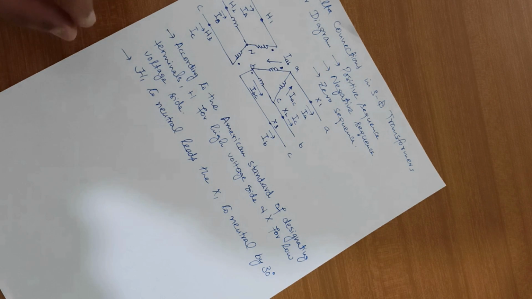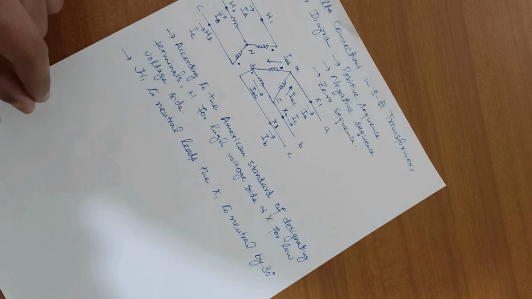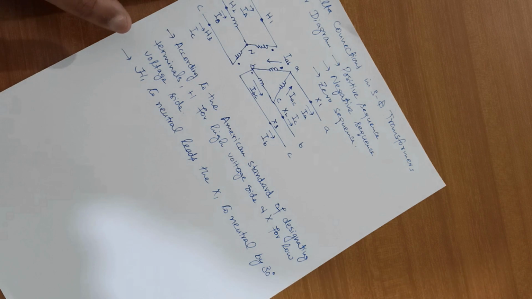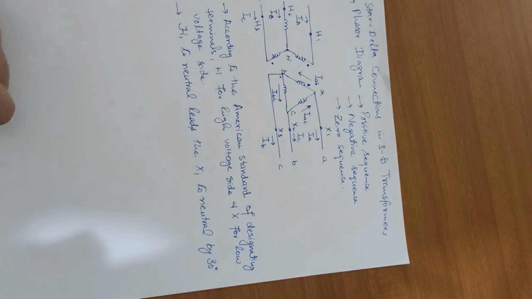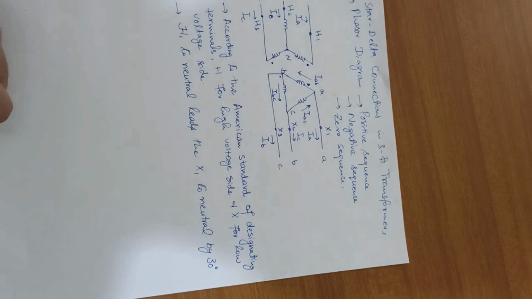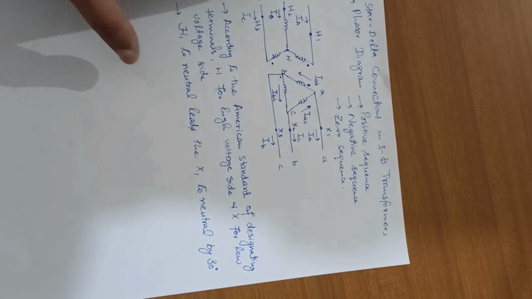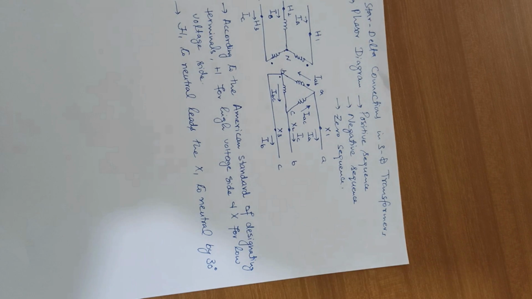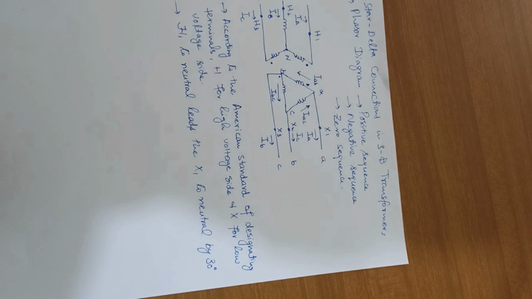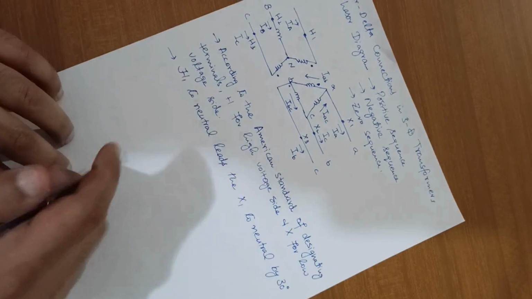So in this case, the voltage AN will be leading the voltage across X1 by 30 degrees, right?